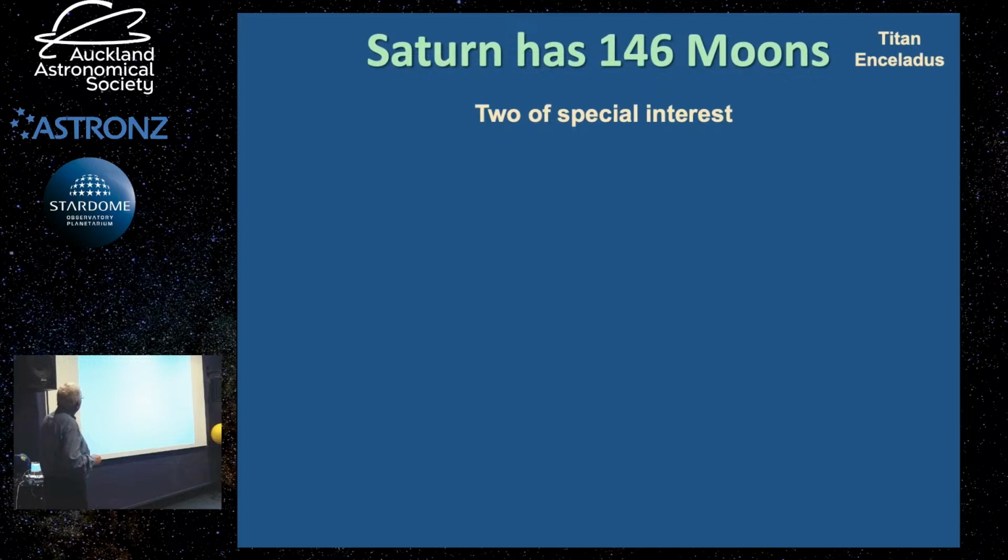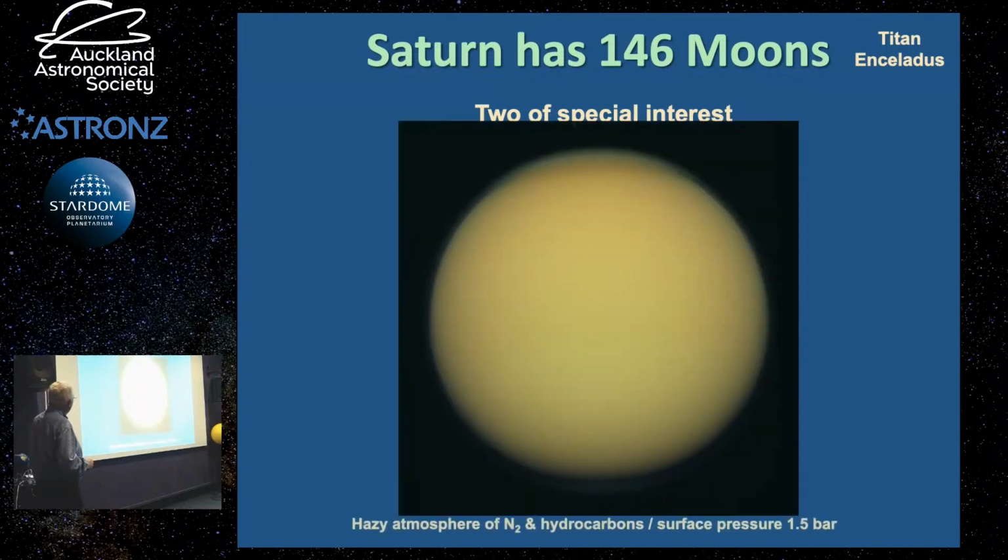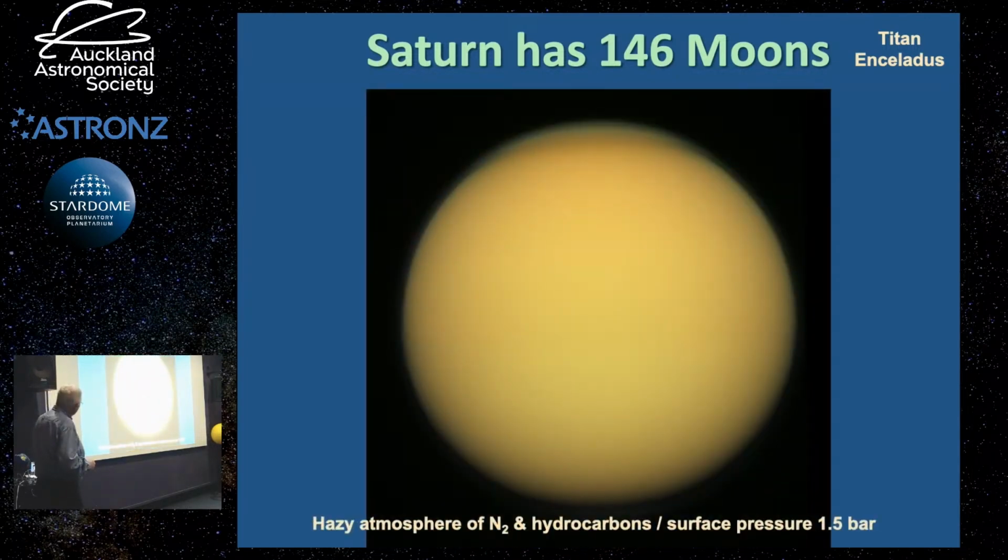So Saturn takes the medal for the number of moons, 146 moons. There are two of special interest that I just wanted to highlight tonight. They're all interesting, but there are just two I wanted to highlight. First one is Titan. This is an image from Cassini, and Titan is the only moon in the solar system with an appreciable atmosphere.